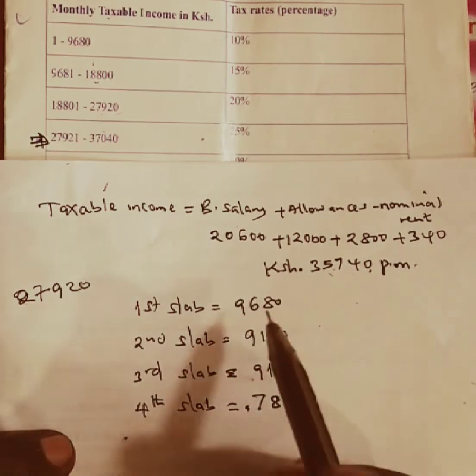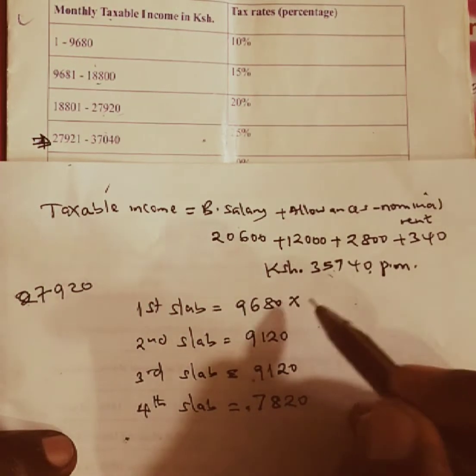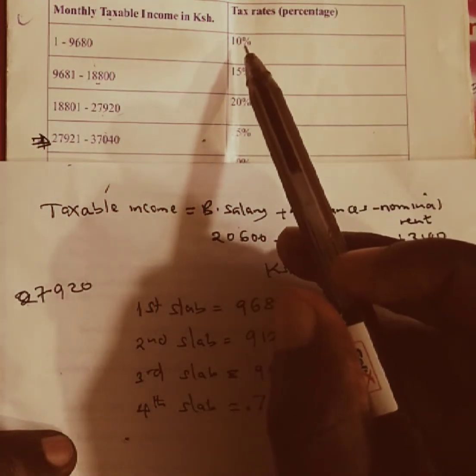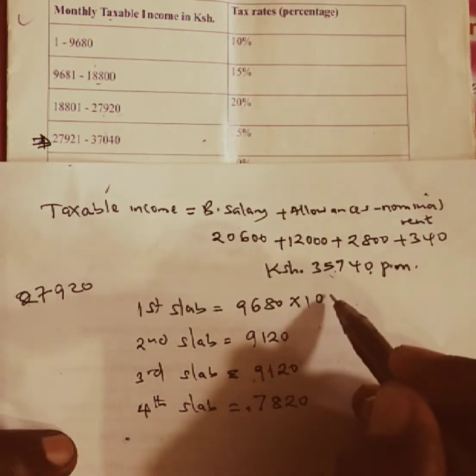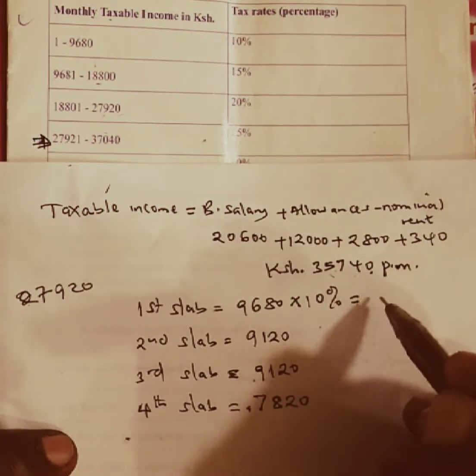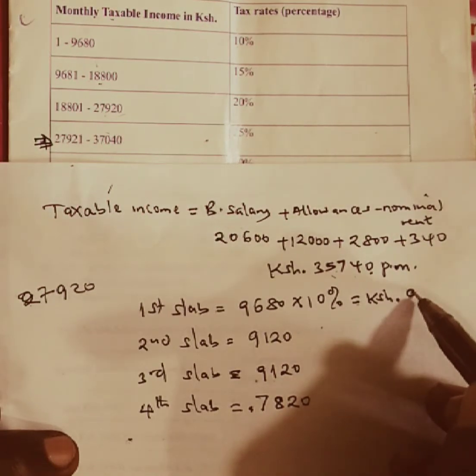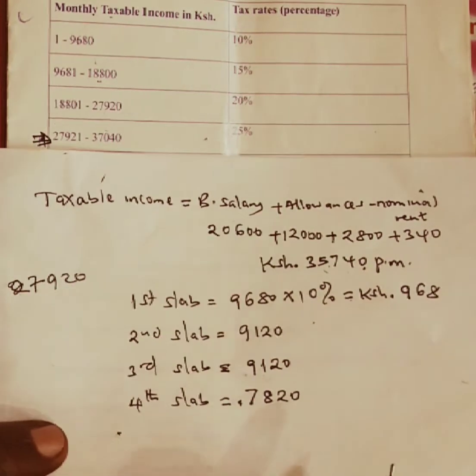Having known the amount we are going to tax in each, so let us now calculate the tax. In the first bracket, 9,680 is taxed at 10%, so we multiply by 10%, and this one is going to give us Kenya shillings 968.